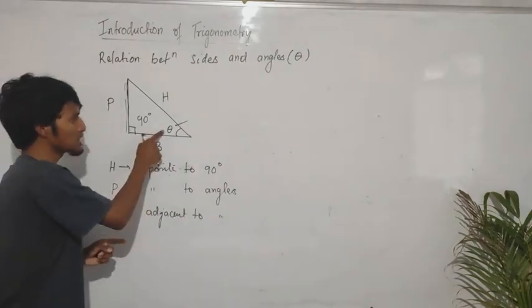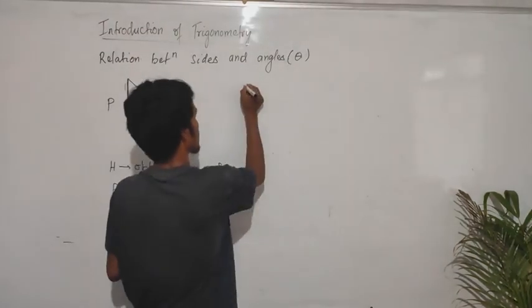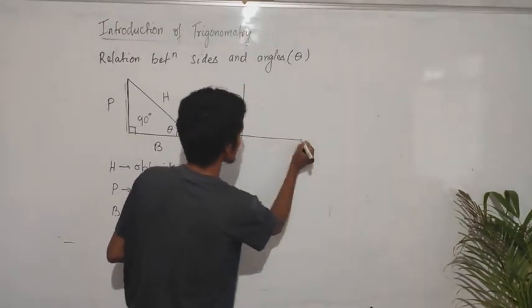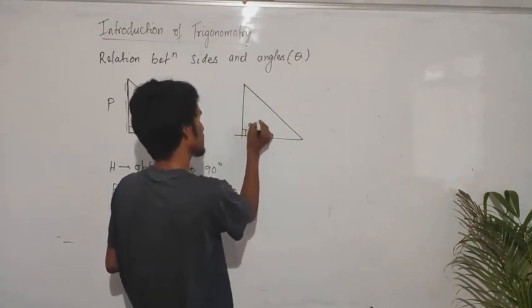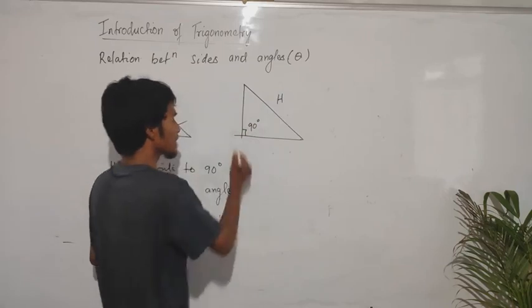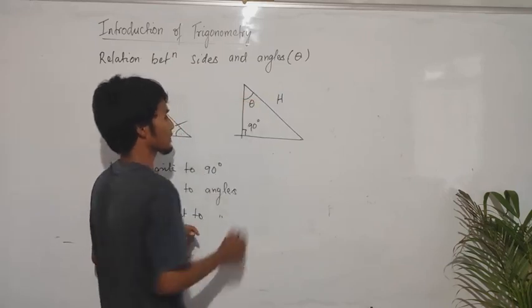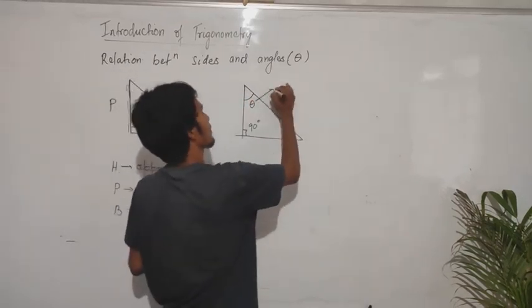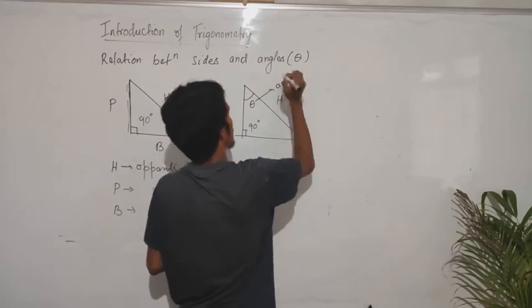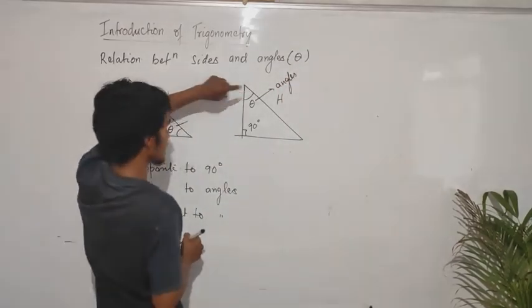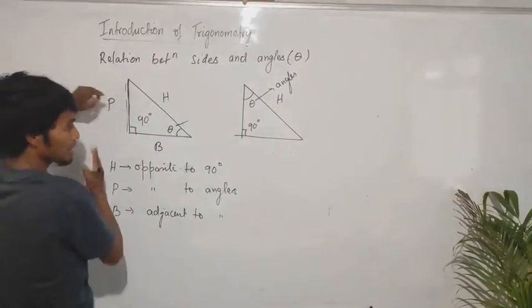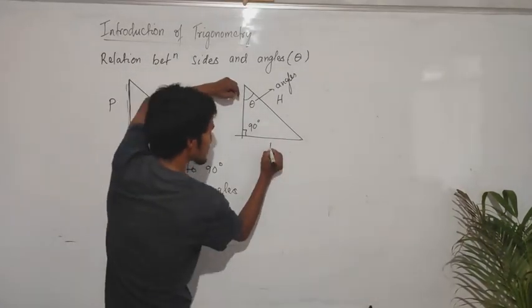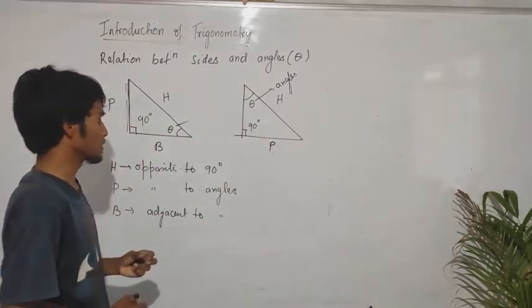Now, if I change this theta here, if I put it like this. Now again here will be 90 degree, then this will obviously be the hypotenuse. Now if I put theta here, now this will be the angle, and this will be the perpendicular. Not like before.